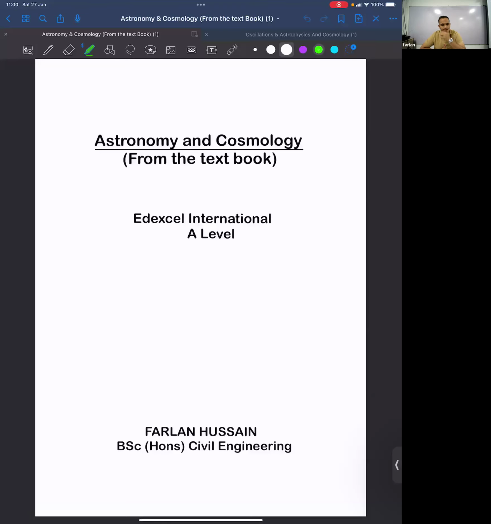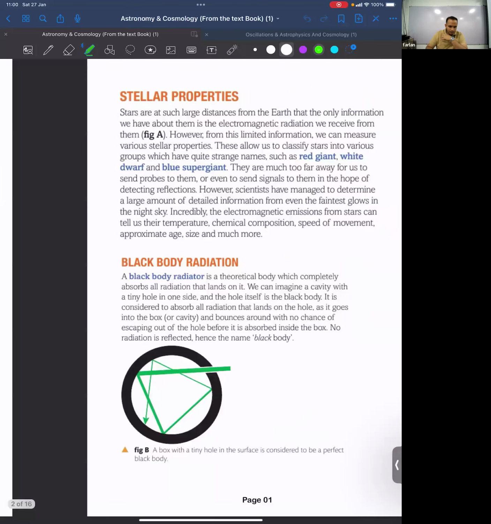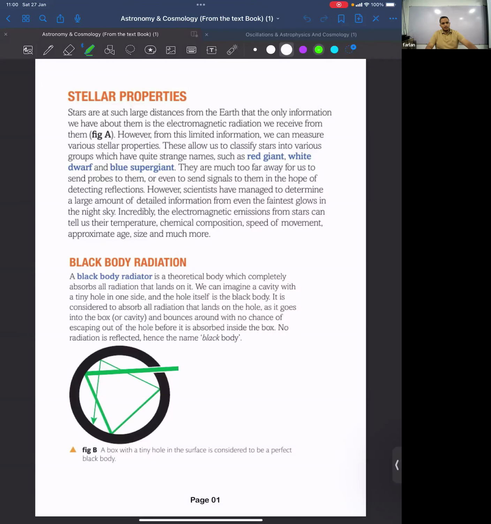Okay, right. Guys, to begin with, there should be a small idea that you should be having. Unfortunately, some of you don't have it because you haven't done it for O-levels.